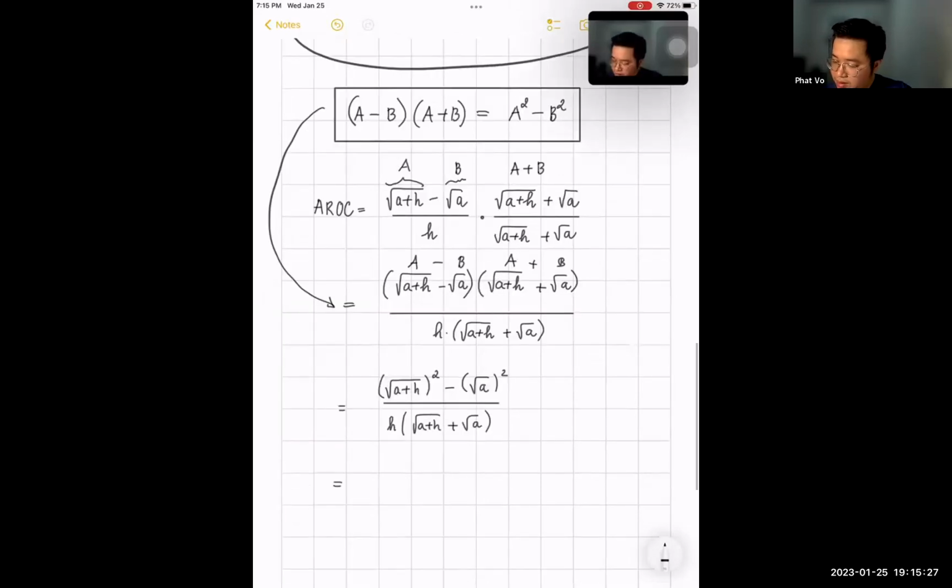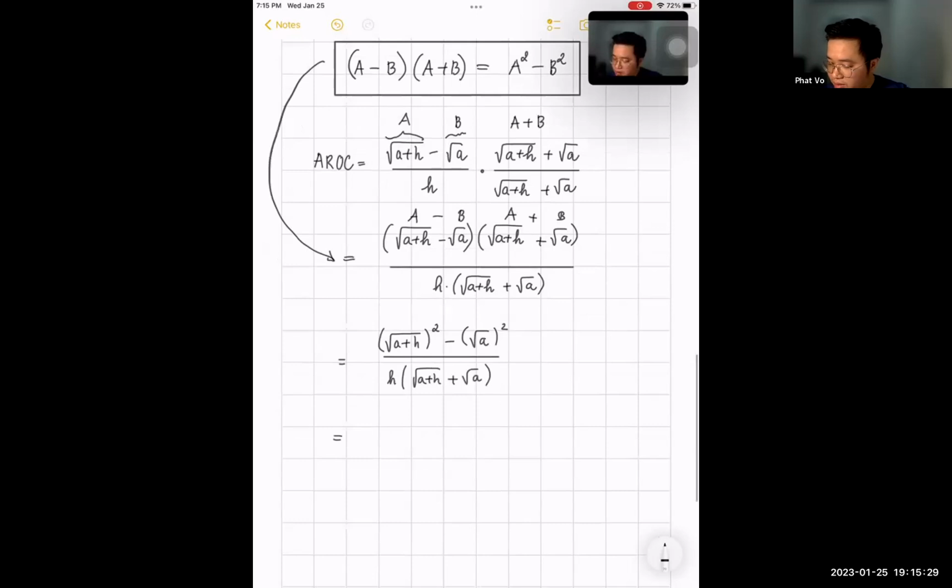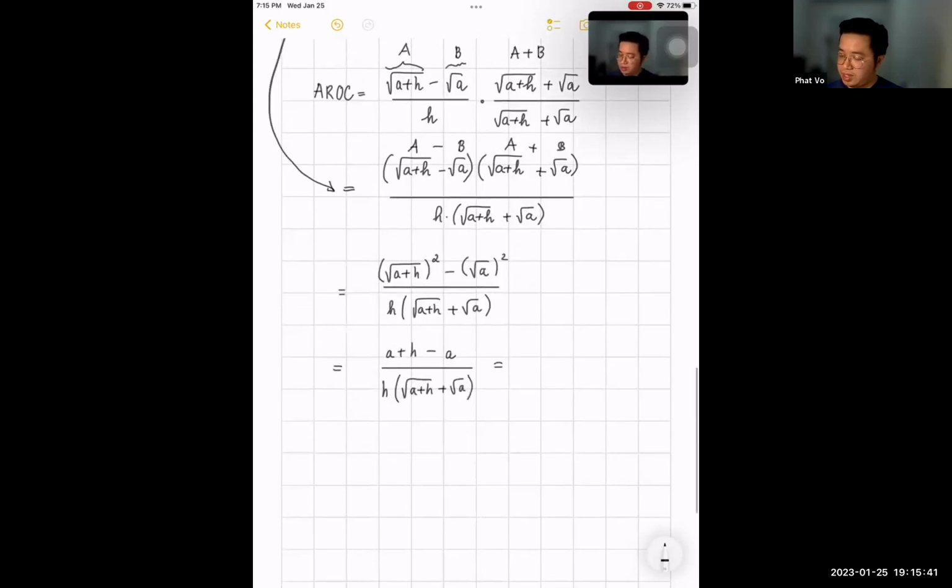Okay. So the numerator now is a plus h minus a, divided by h times this guy. So you see the numerator now is only h, over h times this guy.